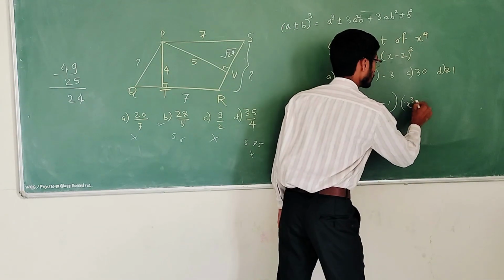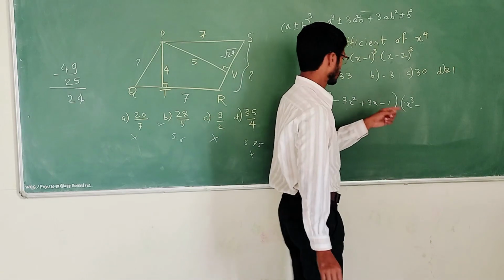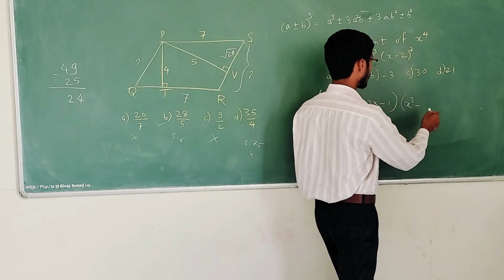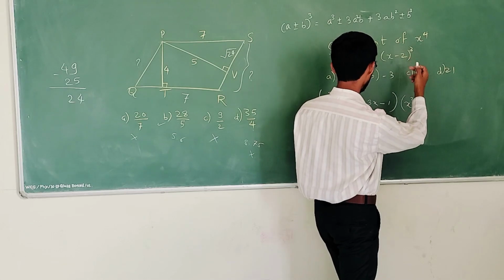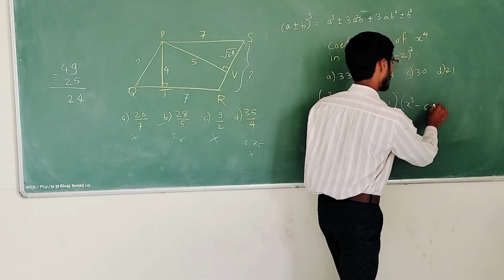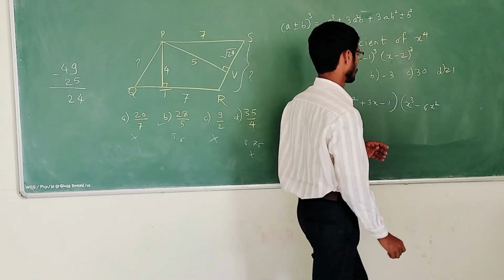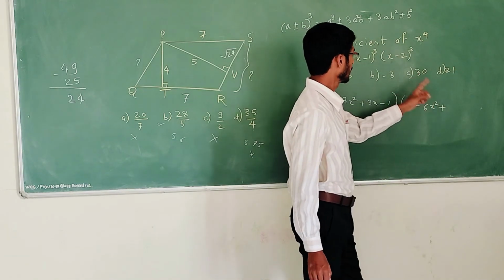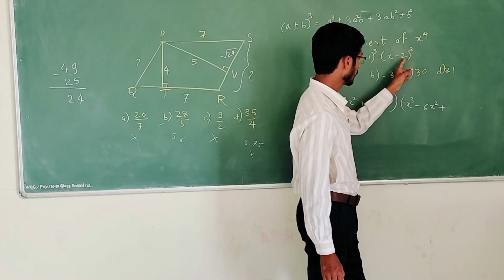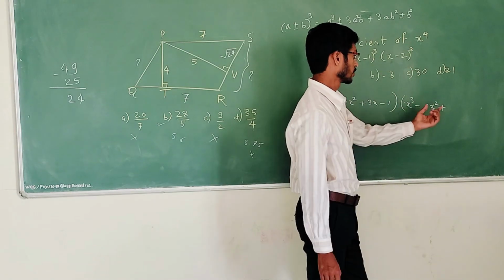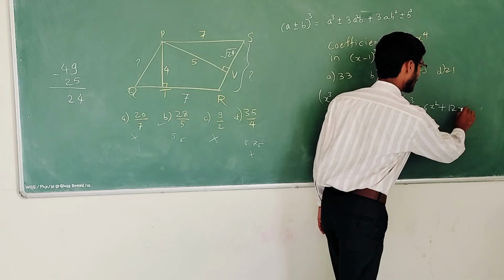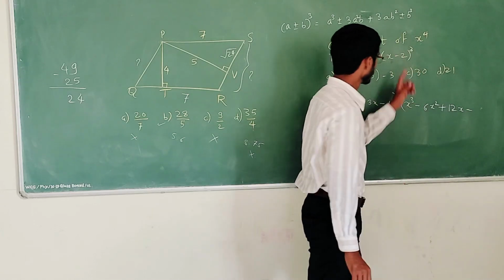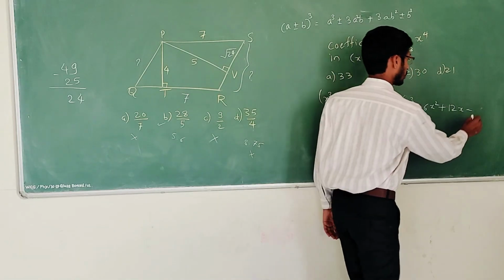x raised to 3 minus 3x square into 2, so 6x square, plus 3 into x into 2 square, which is 4. 3 4s are 12x, minus the cube of this.